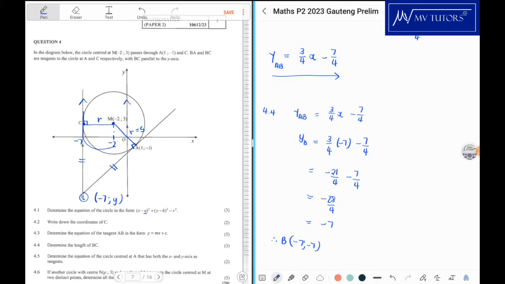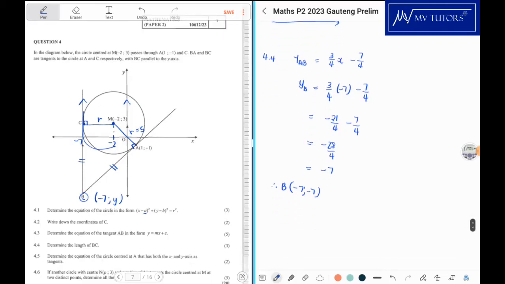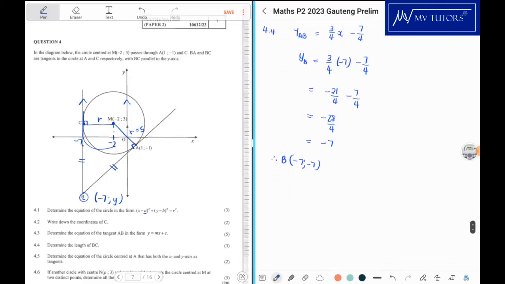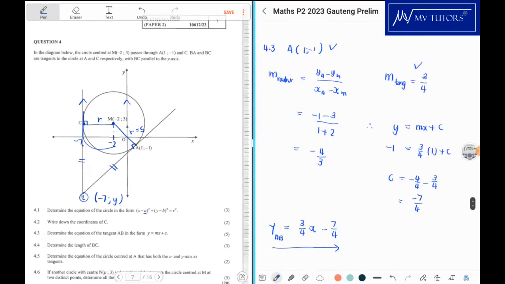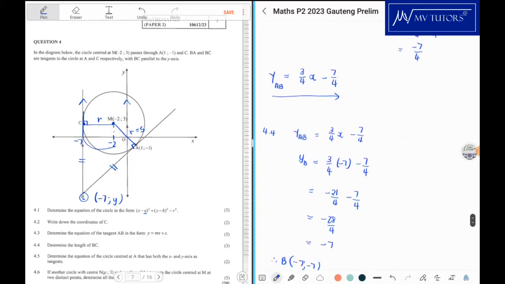How does that help us? It helps us because we can then get the length of BC. It's actually easier that way, because we know that C is negative 7 and 3. That's what we determined.